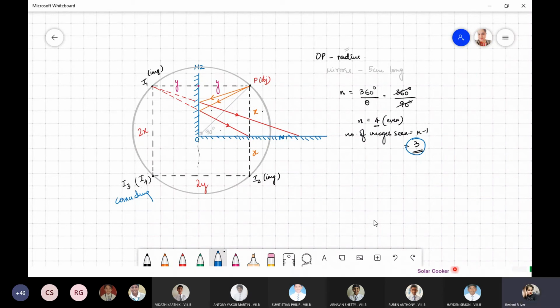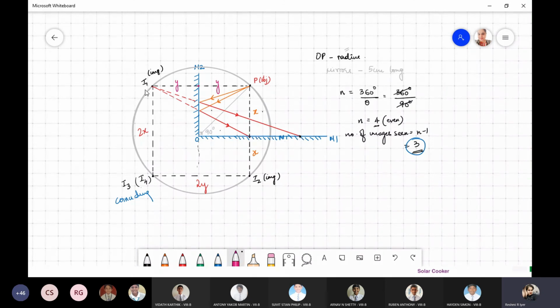Now remember, I1 is the object for mirror 1. And these 2 points, do you see these 2 points? These are my points of incidence on mirror 1. Now I have to connect this with which image?